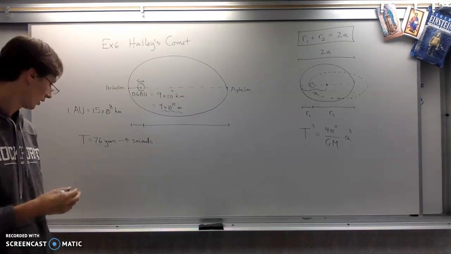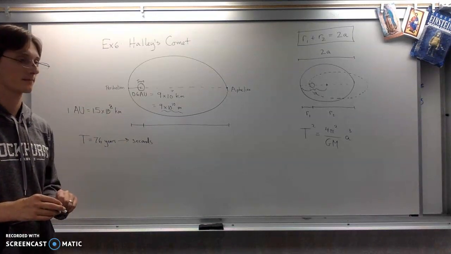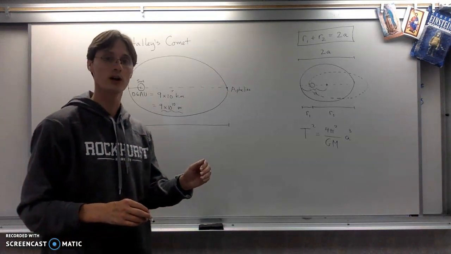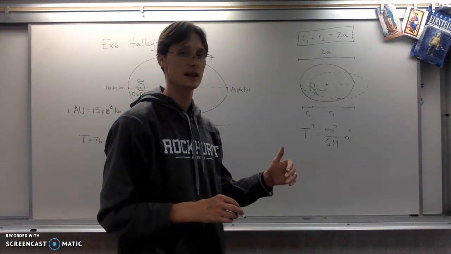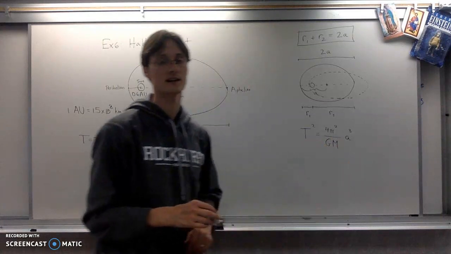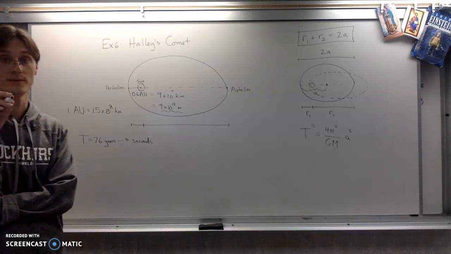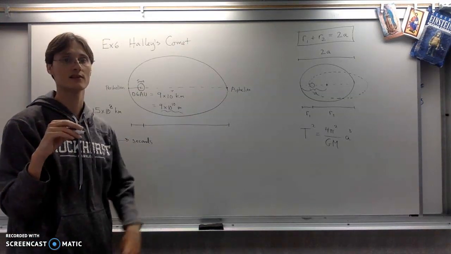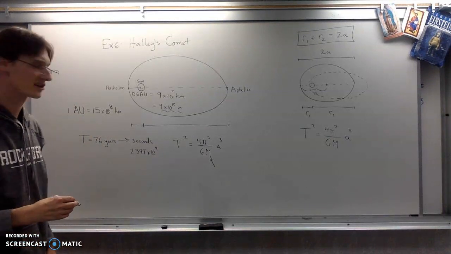So multiply that by 365, and that will be the number of days. Times 24 will be the number of hours. Times 60 is minutes. Times 60 again will be the seconds. So it's going to be a lot of seconds. Make sure you're plugging in T in seconds. There it is. 2.397 times 10 to the 9th seconds.